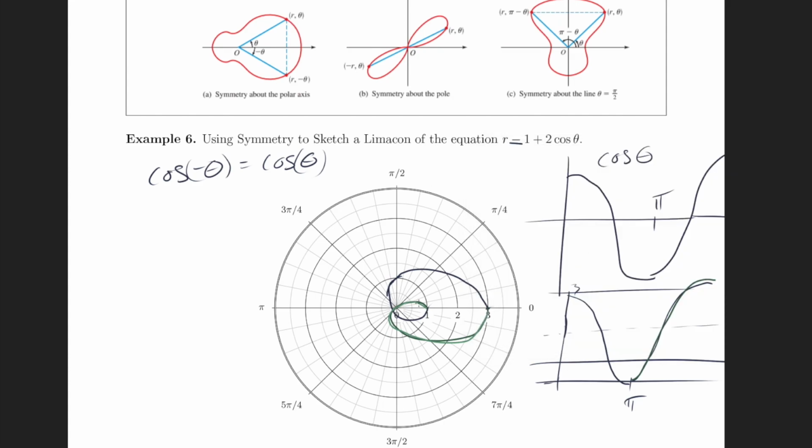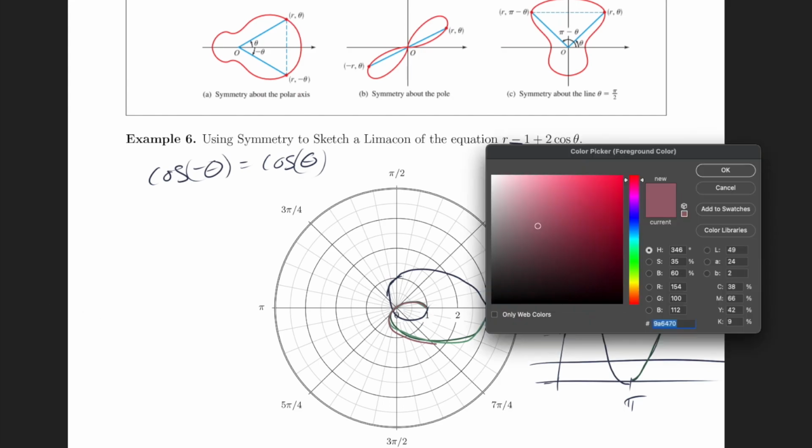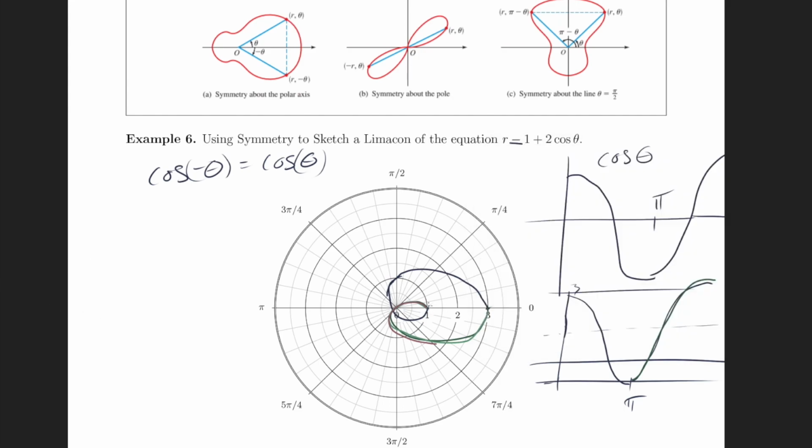Now that I've done this one too many times, that is not a very deep red. There we go, this is a lot more clear. So here, this will be this half of it. If we meticulously solve the first half of this and get this, we can just use symmetry to say, all right, this will be the second half of this. And that's what they want you to get out of this.